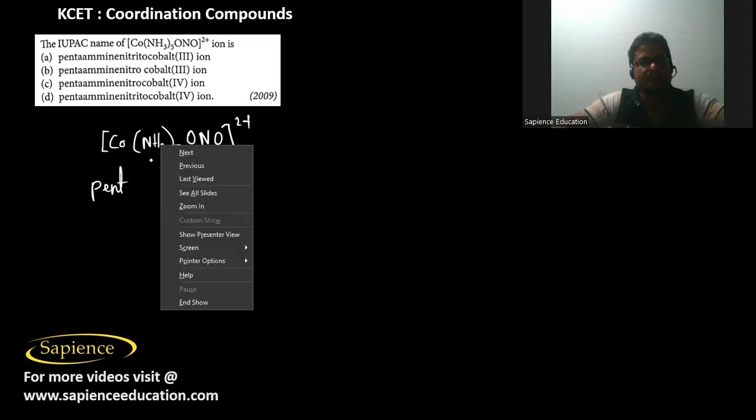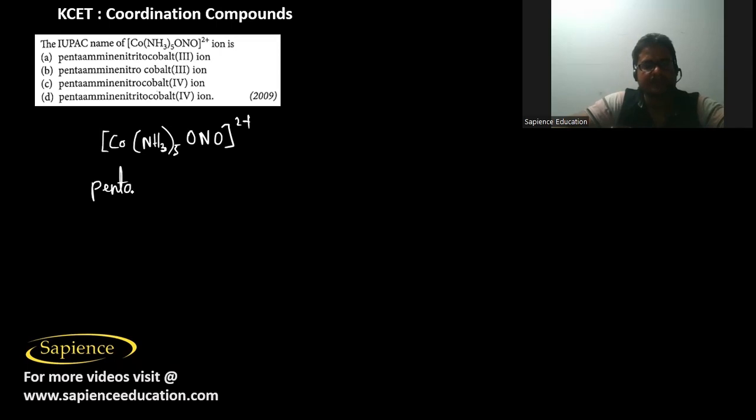Then the IUPAC name of this complex ion, [Co(NH3)5(ONO)]2+. So it is pentaammine, obviously, since here five ammine groups are linked, and this is nitrito, which is the ONO group.